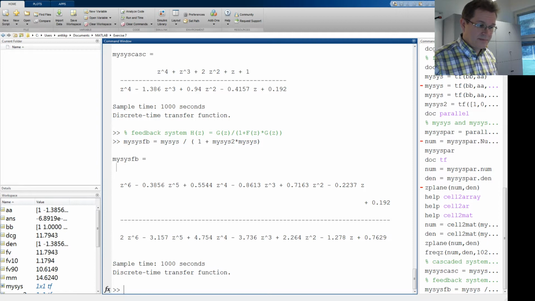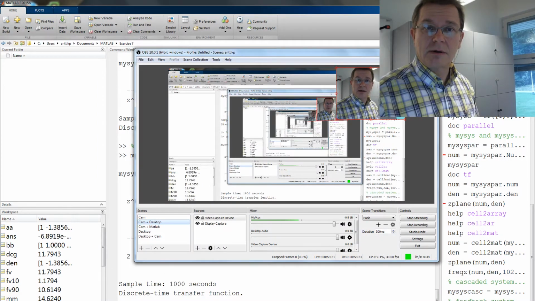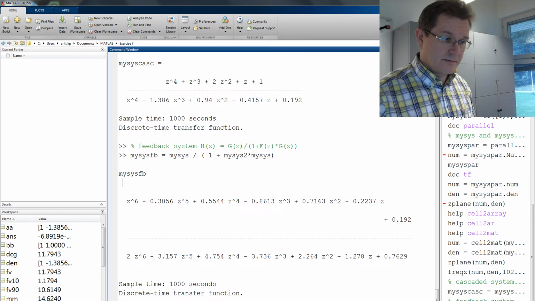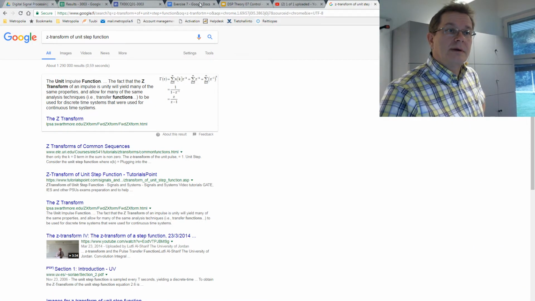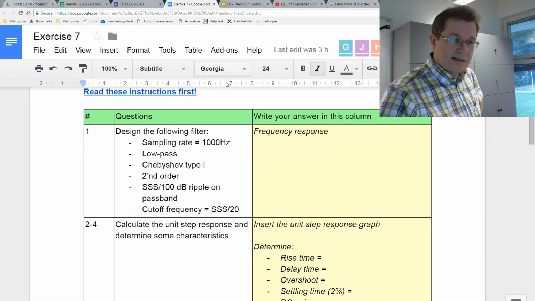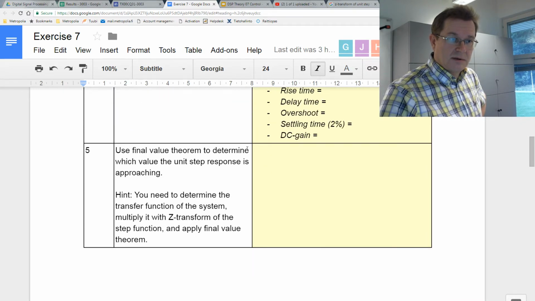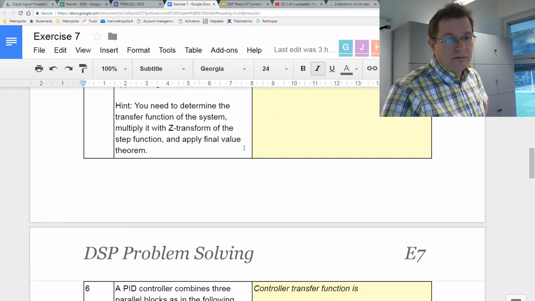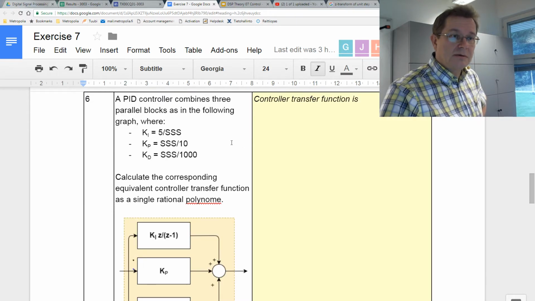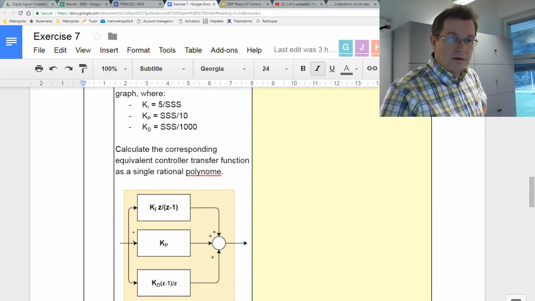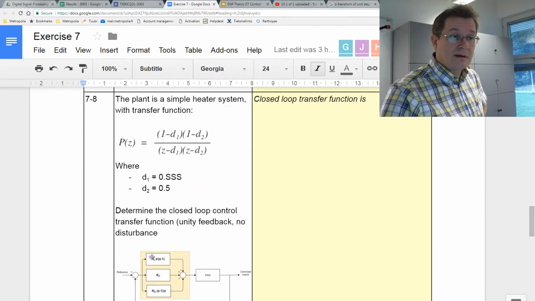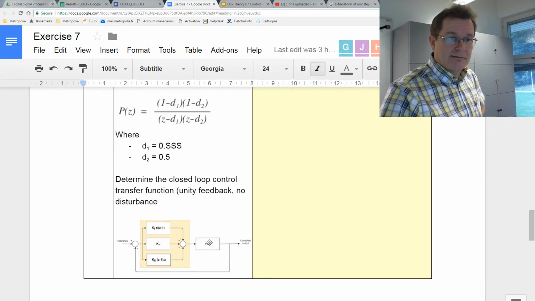All right, so let me take a quick look at the exercise. Okay, that was that part. Yep, some fun. PID controller. See, there's some parallel systems. Then there's the plant transfer function, and there's a feedback system.